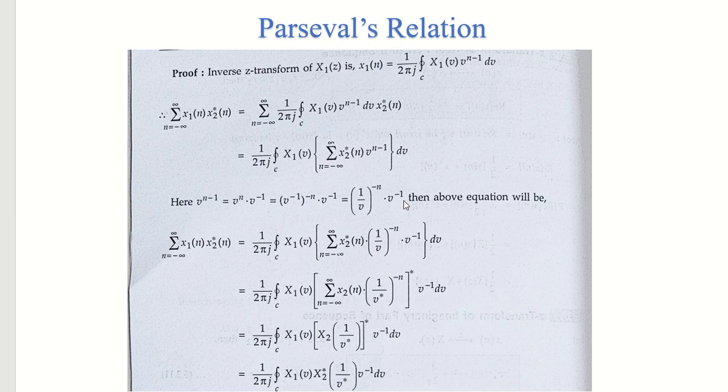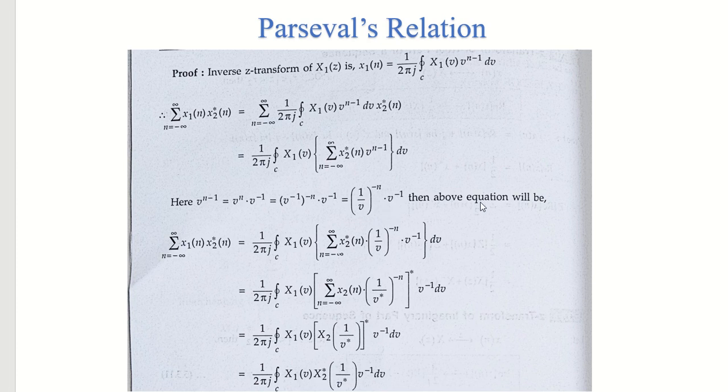Because v raised to n minus 1 is basically v raised to n into v raised to minus 1. So we are keeping v raised to minus 1 as it is, but we don't want v raised to n. We want something raised to minus n. So if I want minus n here, we have to take 1 upon v raised to minus n, so 1 by v raised to minus n into v inverse.